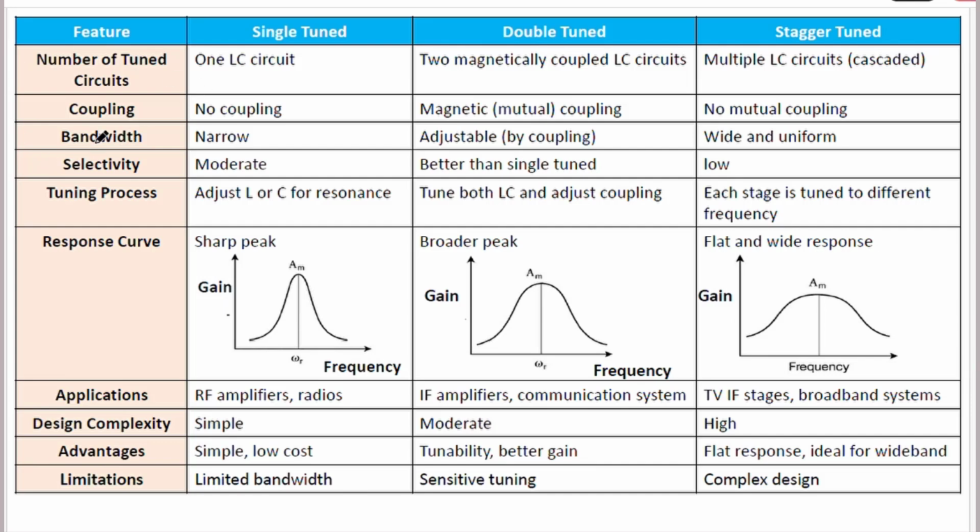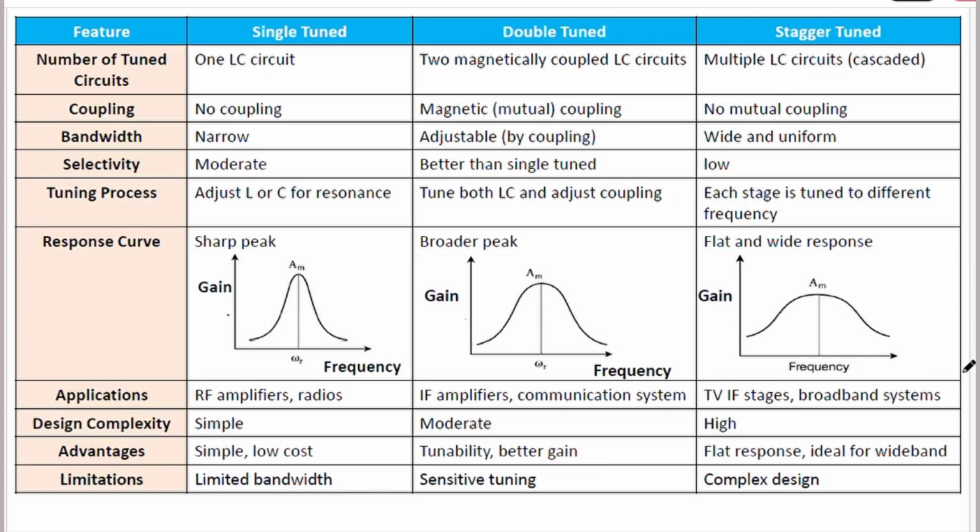Coming to the bandwidth, single tuned amplifiers are of narrow bandwidth. In the double tuned amplifier, we can get our required bandwidth by adjusting the coupling. The double tuned amplifier has 3 different types of couplings: critical coupling, undercoupling and overcoupling.